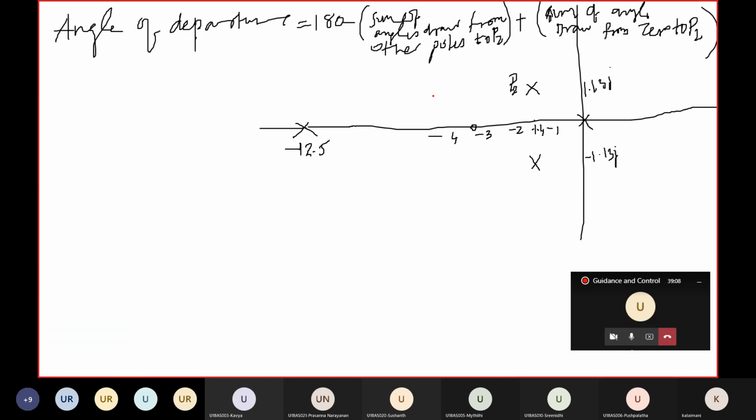The red color line indicates the vector line drawn from other poles to the complex pole. This one line, then another one line, then here also one line. So it is measured. This angle is theta 1. Then this angle is theta 2. This angle is theta 3.